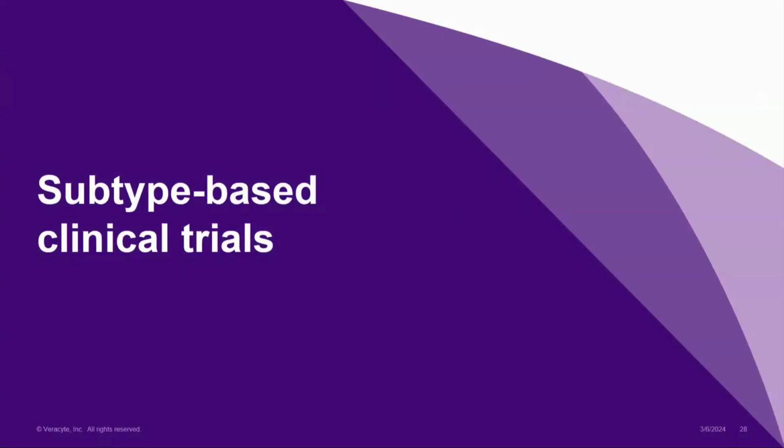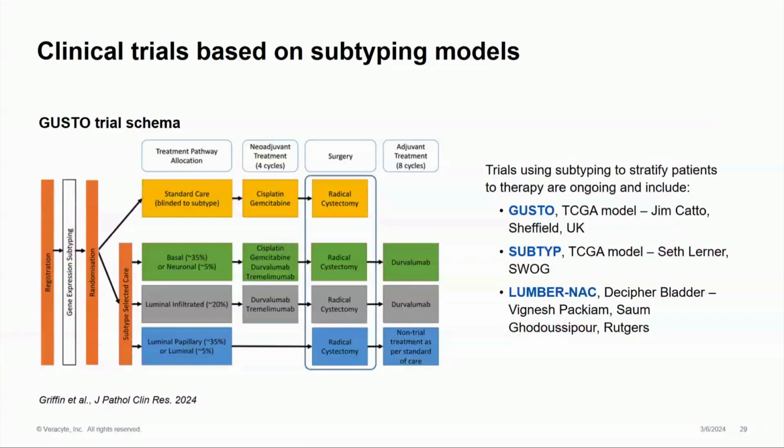And so it's finally starting to show up in clinical trials. I think this is an exciting step forward, even though I'm not super involved in all of this work. But the Gusto trial, this is a UK-based trial led by Jim Catto. It actually uses our Decipher assay as a platform, but they're using the TCGA model to classify patients.